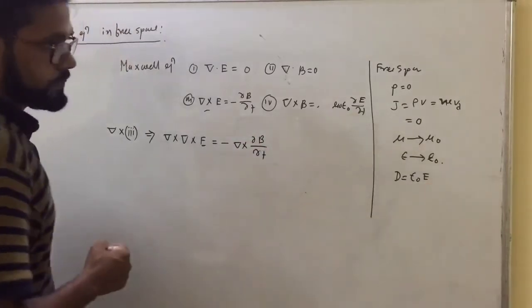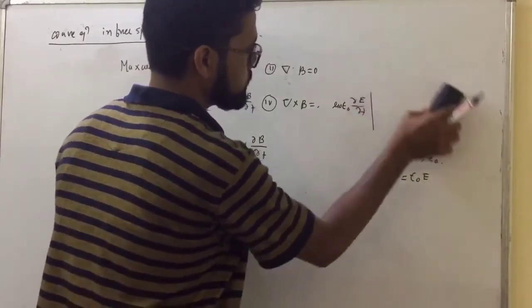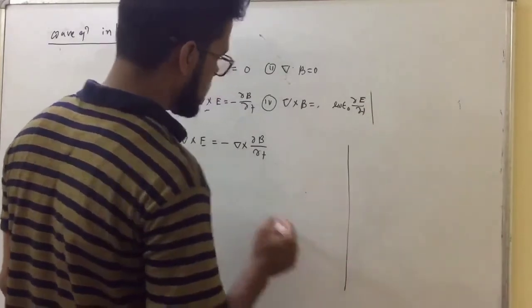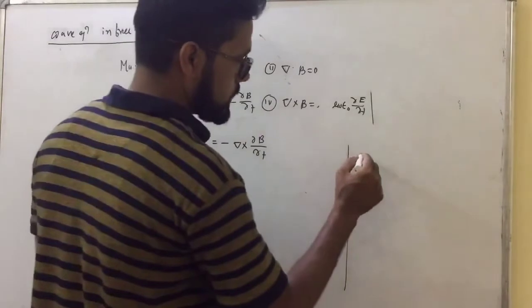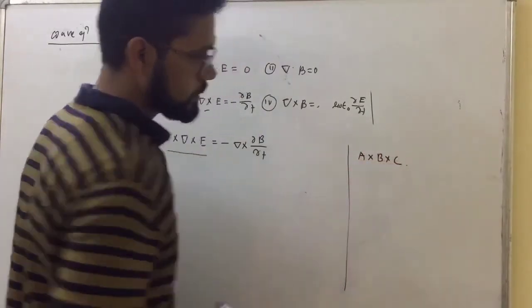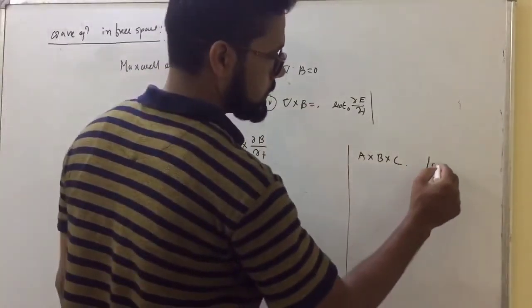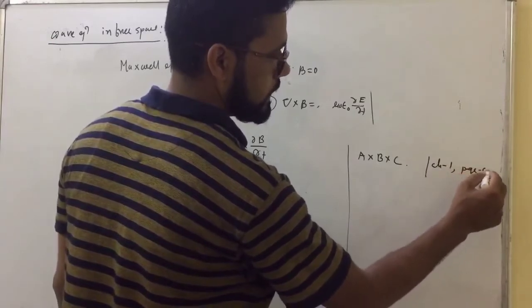Now, del is a vector, so this is a vector triple product. Have you seen this vector triple product, A cross B cross C? If you want to see it, you can see chapter number 1 of David Griffiths' book, page 18.